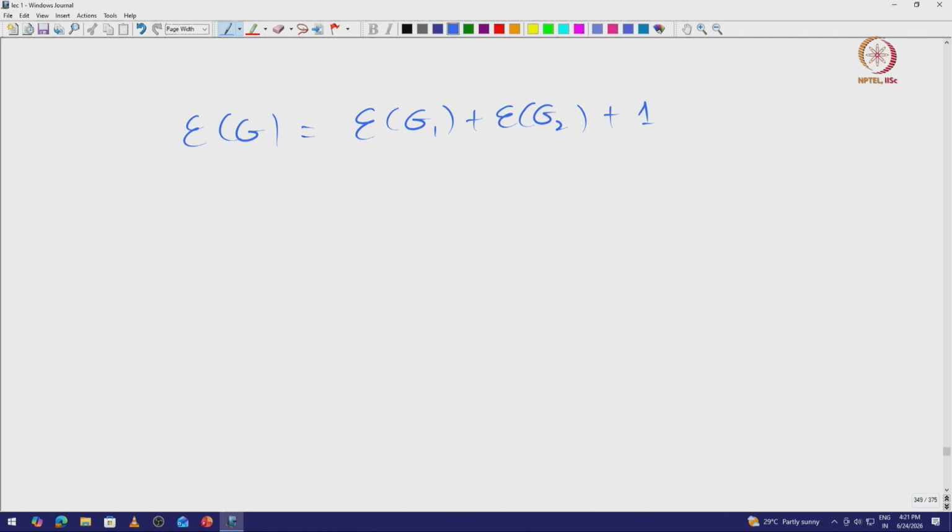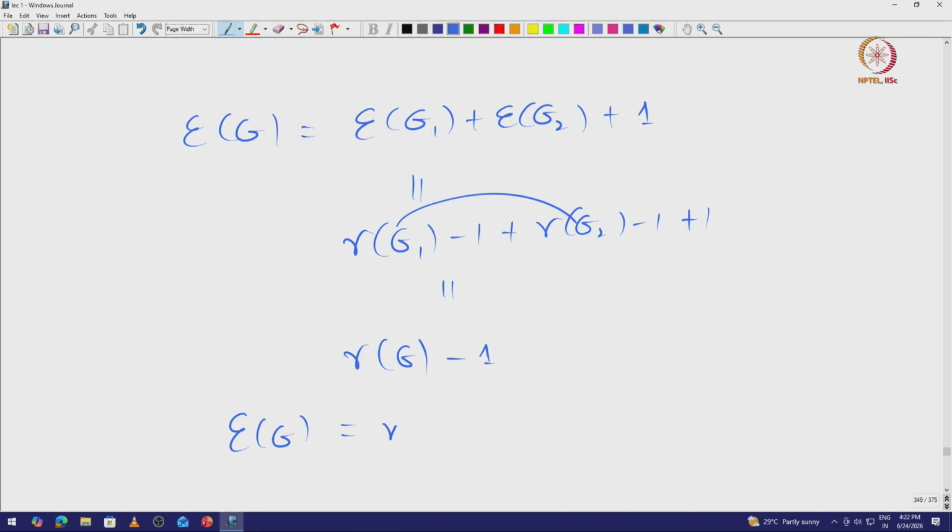Which is exactly equal to the number of vertices in G1 minus 1, plus the number of vertices in G2 minus 1, plus 1, which is exactly equal to the number of vertices in G minus 1, because these two add up to the number of vertices in G. So, this proves that the number of edges is exactly the number of vertices minus 1 in a tree.